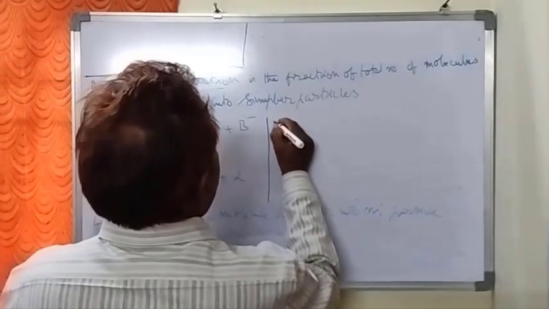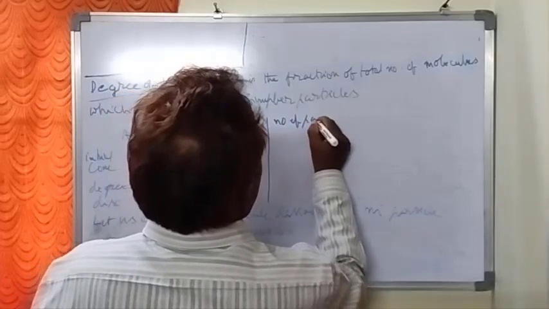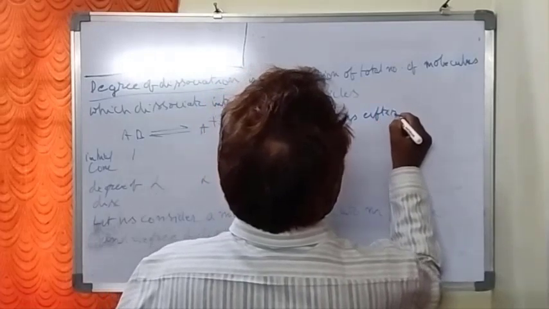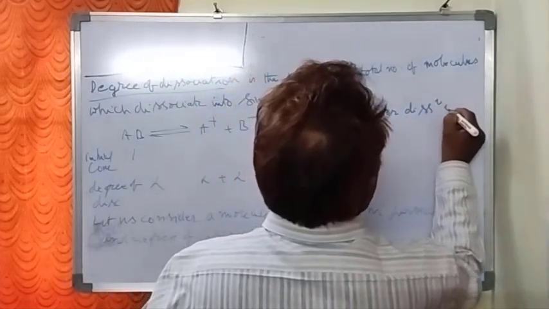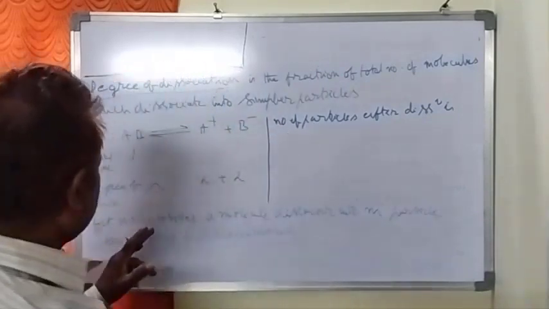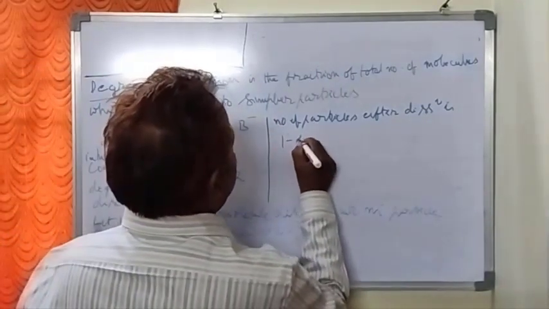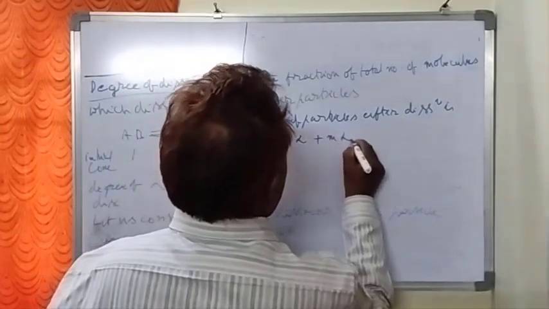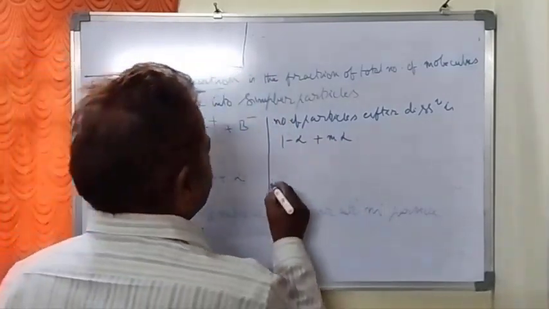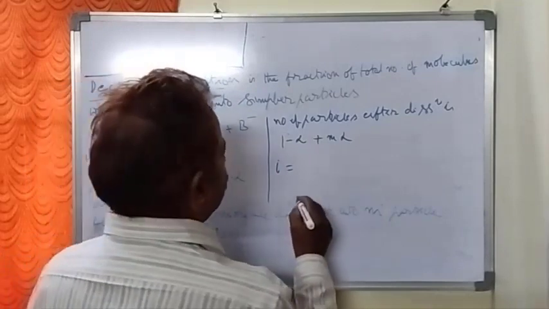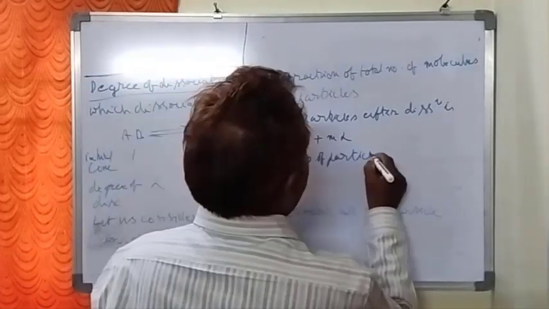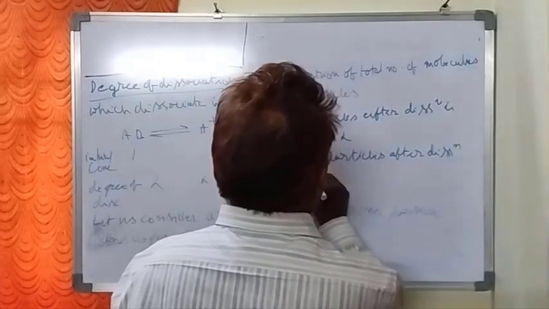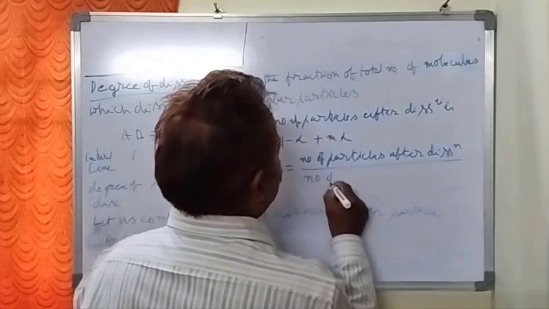Then the number of particles after dissociation is: undissociated particles 1 minus alpha, plus m alpha, the dissociated particles. Then what is the Van 't Hoff factor? Van 't Hoff factor equals the number of particles after dissociation by the number of particles before dissociation.